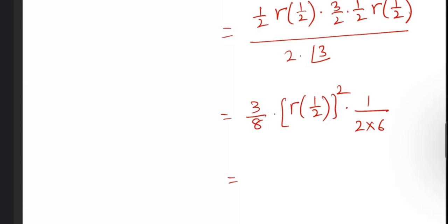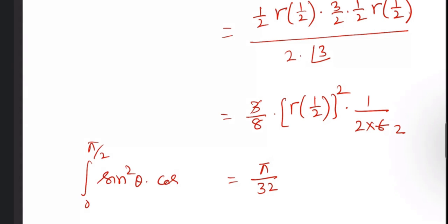That is 3 twos are 6, 2 twos are 4. So it will become 8, 4 eights are 32. Gamma of 1 by 2 is root pi. That is pi divided by 32 will be the answer for this particular integral, that is integral 0 to pi by 2 sin square theta into cos to the power 4 theta.